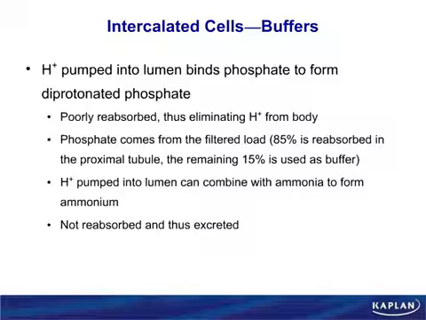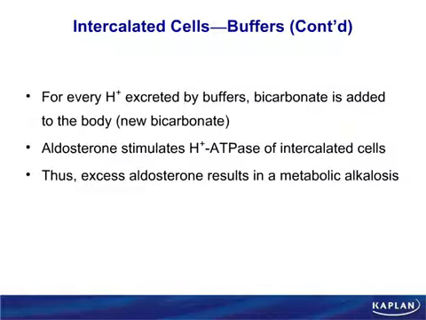The proximal tubule cells will take glutamate and break it down to ammonia, and that ammonia is used to buffer acid. That's a very important concept. So for every proton that is excreted, a brand new bicarbonate molecule is produced and added to the body.